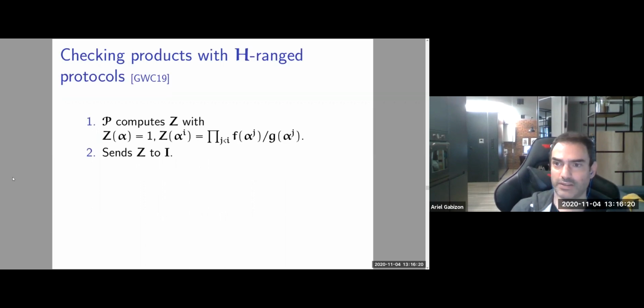All right, so now let's see such an H-range protocol for checking that the products of values of two polynomials are the same. So the prover will compute a polynomial Z which will aggregate the values of f over g.